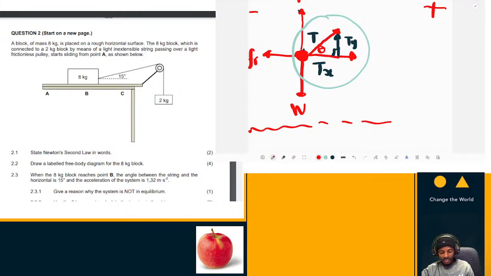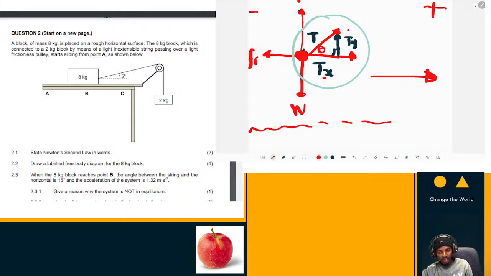This quantity over here, Tx, we are going to use when we calculate acceleration, because it is the only component that is producing the acceleration. This one over here is in the y direction, but the acceleration will be in this direction. So when we calculate the acceleration, we're going to consider only the forces which are in the x direction.